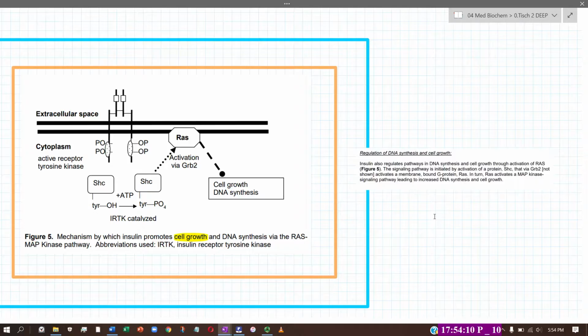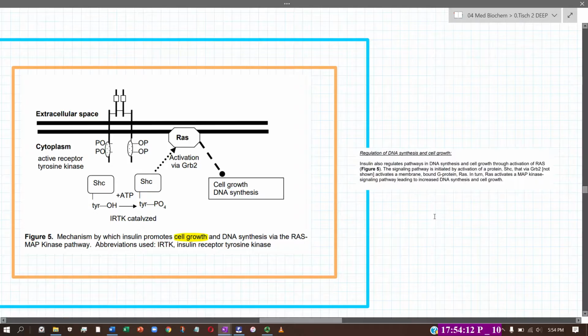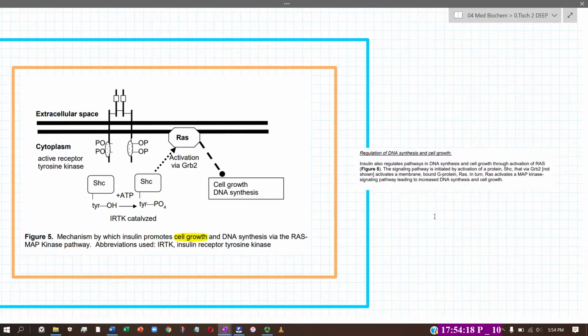This should remind you of some of the concepts that we covered in cell biology over the summer. G proteins are involved in cell growth, so it doesn't look like we are required to dive into those details again, but it definitely rings a lot of bells.